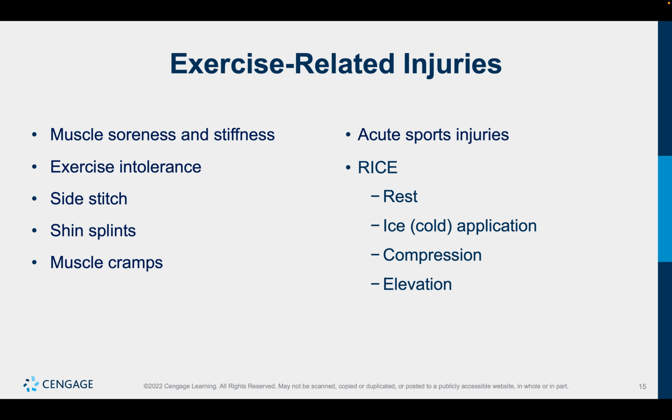There are also sports injuries, as we know. As with any body movement, you are prone to getting injured if you're not doing it properly. So there is this notion of acute sports injuries, particularly in the joint area. Knee injuries, ankle injuries, and pulled muscles are examples of acute sports injuries.